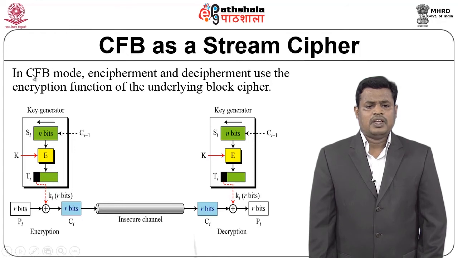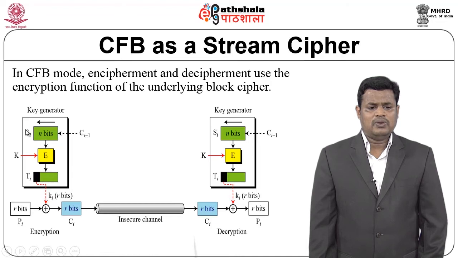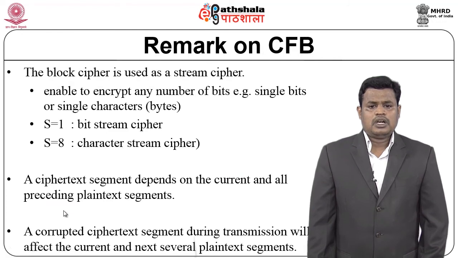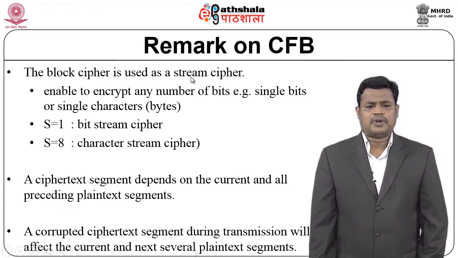the encryption process. In CFB, that is our cipher feedback mode, encipherment and decipherment use the encryption process of the underlying block cipher. So, this is what we discussed: the key generator generates the previous CI value from the previous block, and the SI value is given to the encryption, shifted, and given as R2. The remark on CFB is that the block cipher is used as a stream cipher.